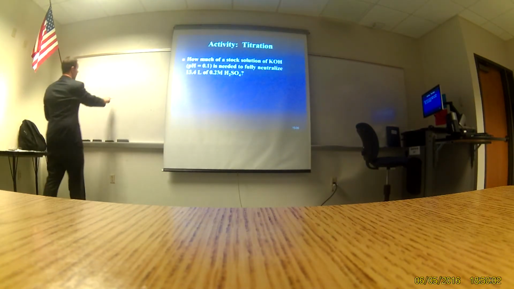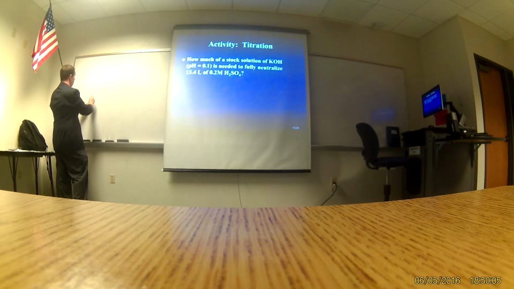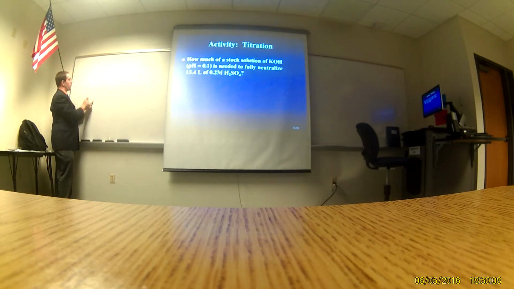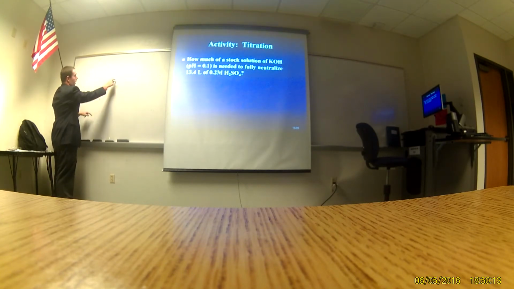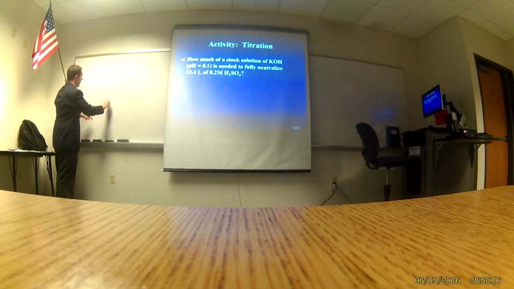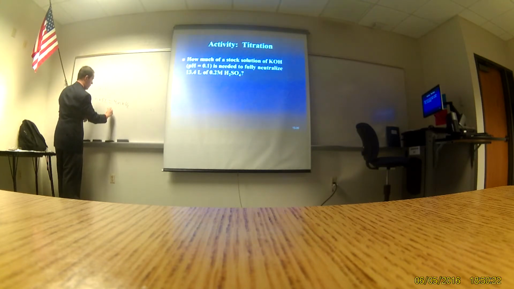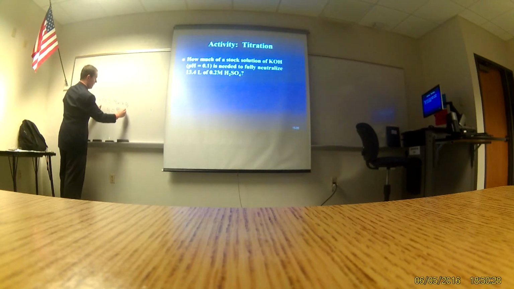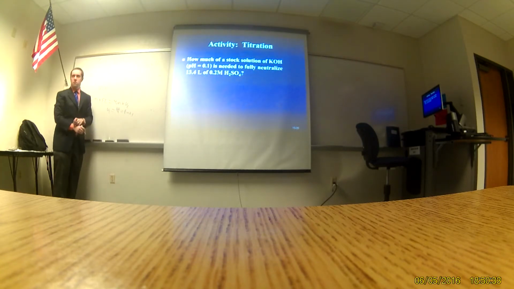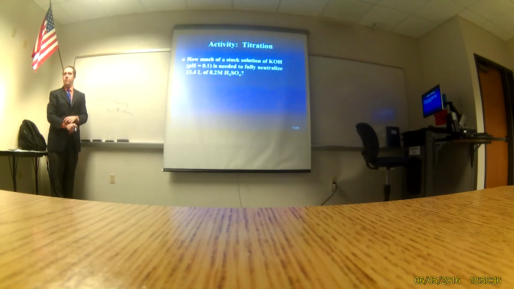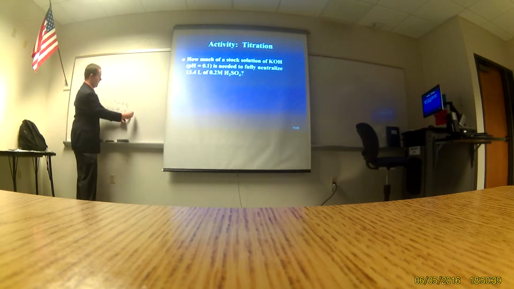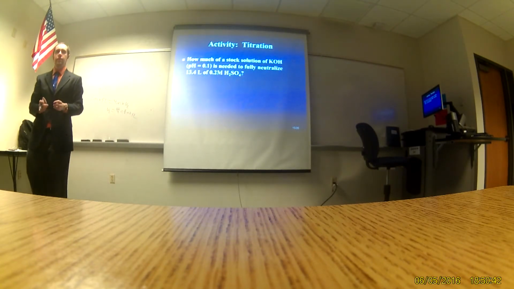Looking for V2. So what is C1? 2. We're going to say the 1s are our acid. So we get 2 molar times 5 equals 4 molar times V2. V2 equals 10 divided by 4, which is 5 divided by 2, which is 2.5. So we need 2.5 liters of it.